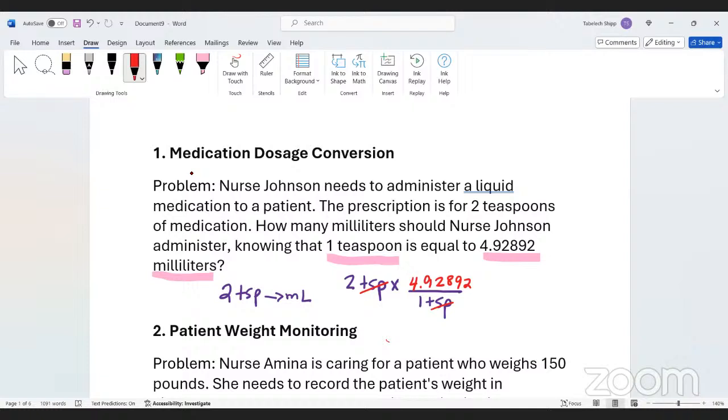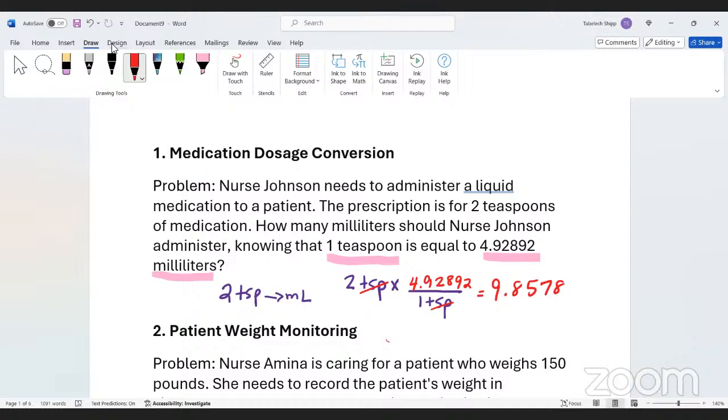So we're going to say 2 times 4.92892, and that gives us 9.857. So there's an 8 on the end of that number. And because I told you guys that I want your answer in, let's go with 3 significant digits, that way we can just round it off.